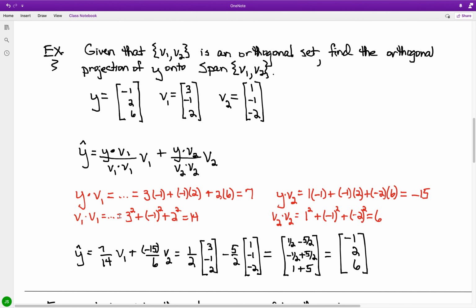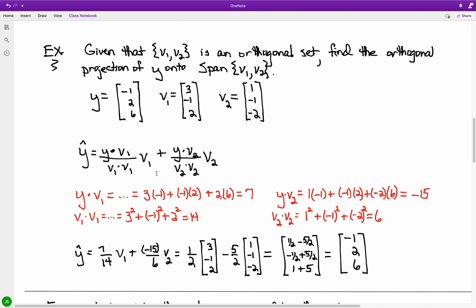Looking at the dot products, y dot v1 is 7, v1 with itself is 14, y with v2 has a dot product of negative 15, and v2 with itself has a dot product of 6.